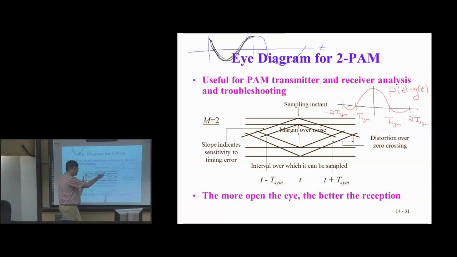As I get more and more signal, I just trace over itself. And what I'll see is a shape. You'll see the main hump of the truncated sinc. That's for 2PAM. That's for a symbol amplitude of D, and then this is for a symbol amplitude of minus D.